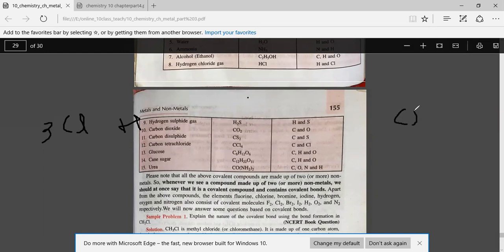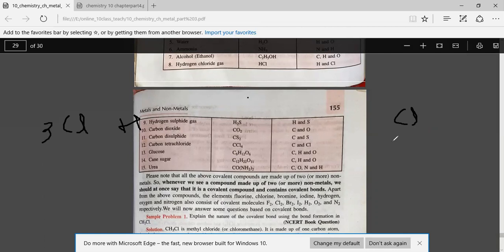One Cl can accept only one electron because it has 7 electrons in the valence shell, so it is able to accept only one electron to complete the octet. And hydrogen is also able to accept only one electron.